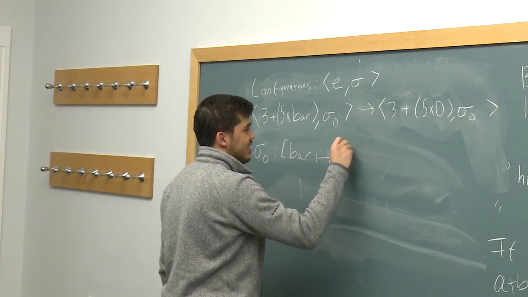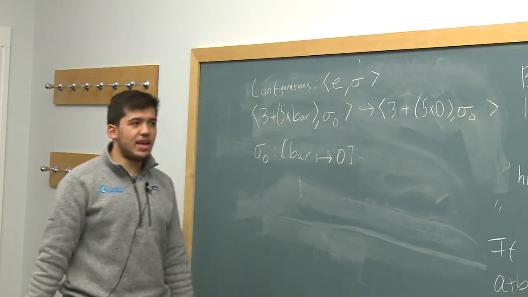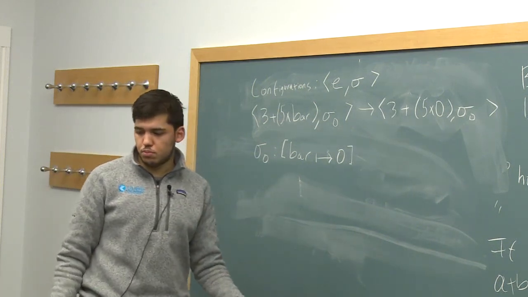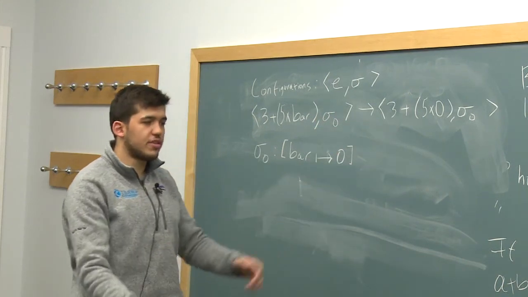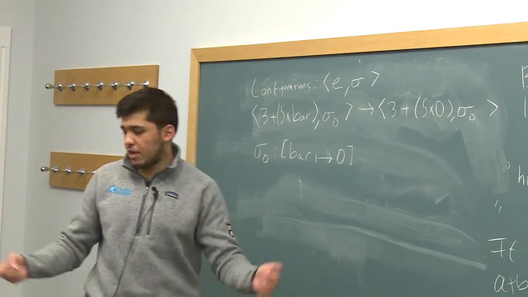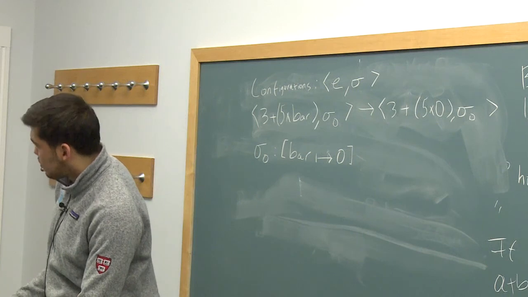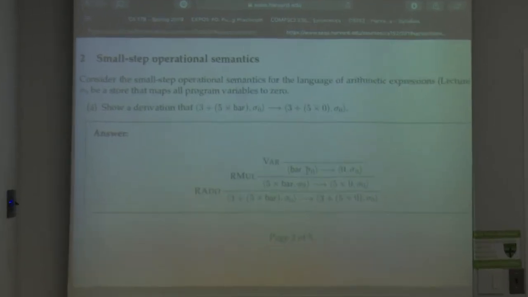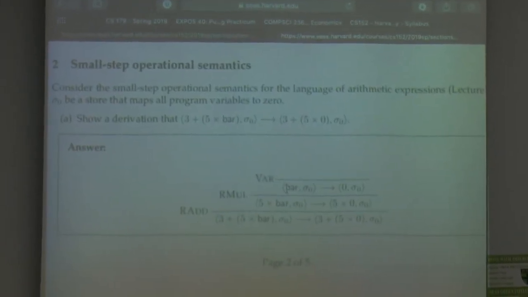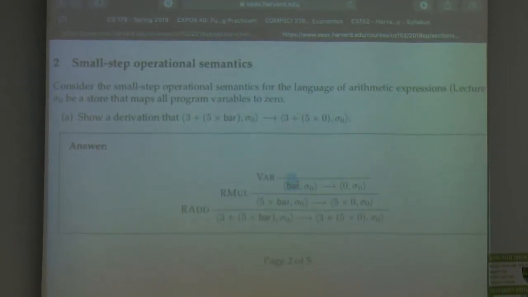Exactly. And now, to show this small step, we would need to draw the derivation tree, and that would be very costly, so this is how you would do it. You would use your axiom to show that the variable bar with store sigma 0 is equal to 0.